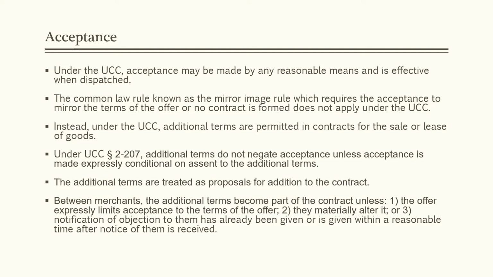Between merchants, the additional terms become part of the contract unless the offer expressly limits acceptance to the terms of the offer, the terms materially alter it, or notification of objection to them has already been given or is given within a reasonable time after notice of them is received. Basically, under the UCC, even if the terms don't match for offer and acceptance, acceptance is still created. You still have offer and acceptance, and then those additional terms just become proposals, but you still have a contract.